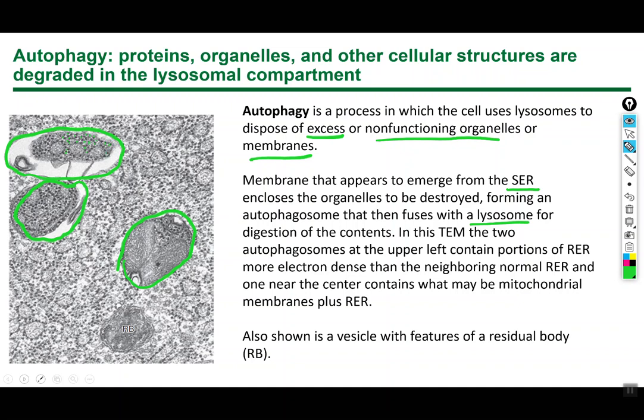And then the reason this one near the center might contain both is because this region looks like RER, and here we can see what look like stacks of membrane as you would see in the internal mitochondrial membrane. So we don't know that for sure, but based on their morphology, we can assume that that's probably what they are. And then we also have a residual body, which basically is what's left over once digestion has occurred.